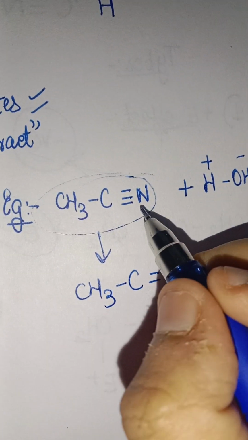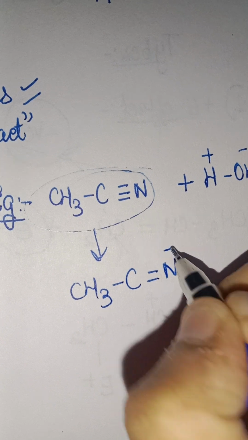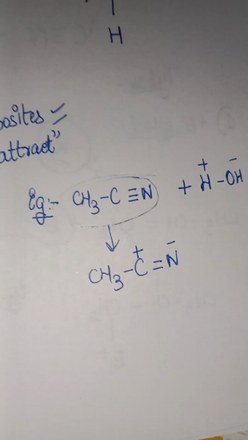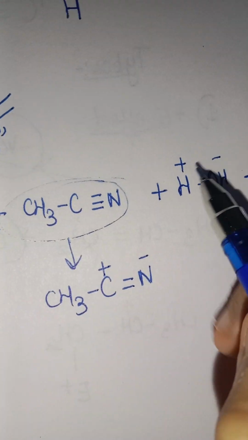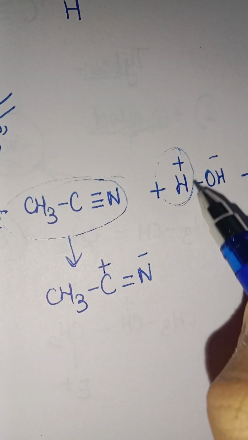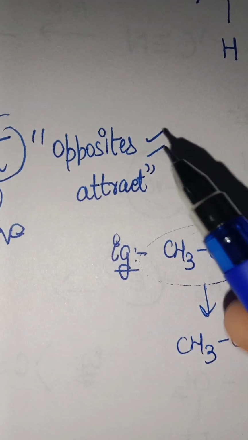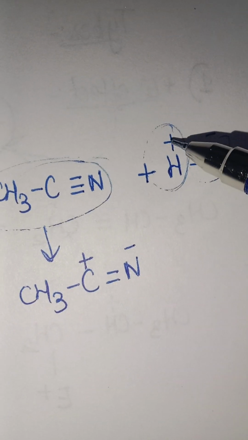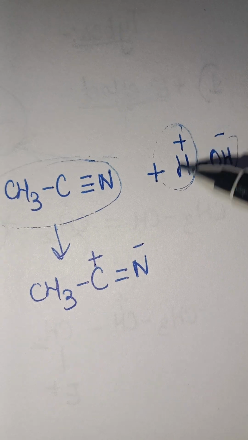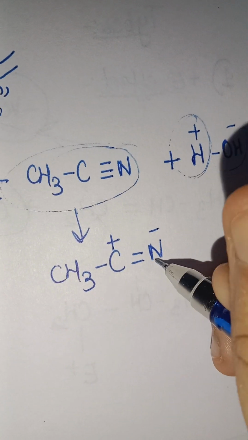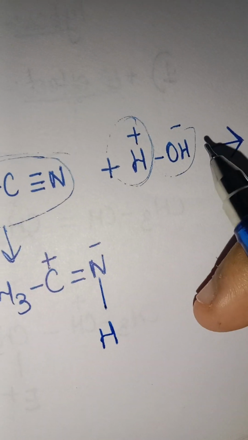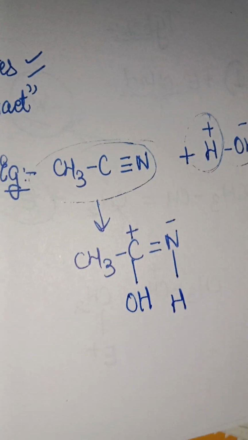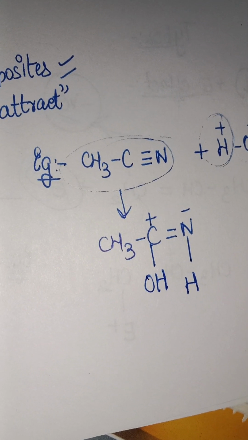Obviously, this is more electronegative, it will be having negative charge. This will be having positive charge. This is something which you should know already. Now this is positive, this is negative, and we also know that opposites attract. So over here this positive one will be moving to the negative, so it is going to be H over here, and this is going to be OH because it is negative and this is going to be positive. I hope it's clear.